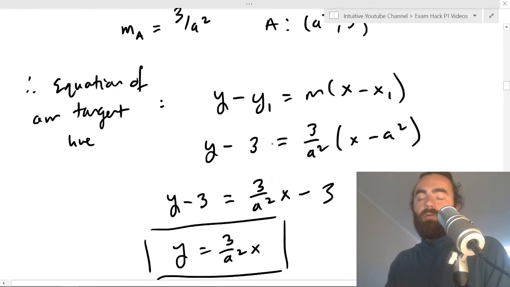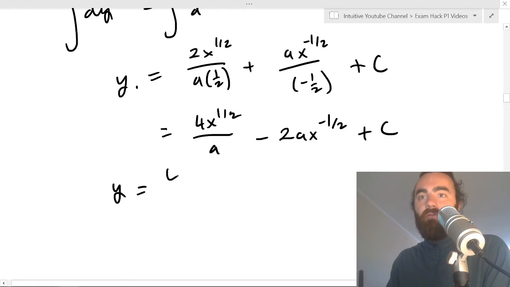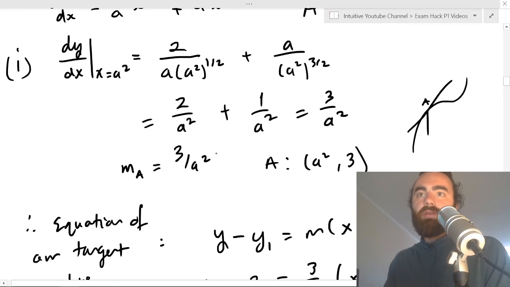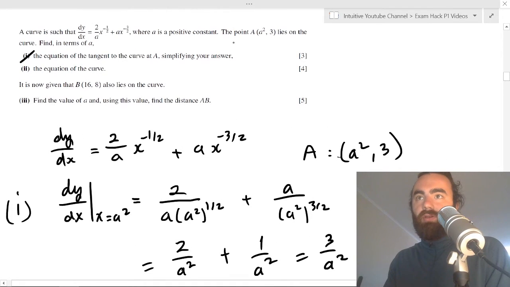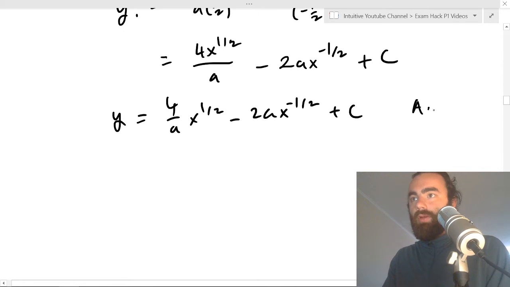Y equals 4 over a x to the half minus 2a x to the negative a half plus c. And now we can find our c because we have a point on this curve. So we substitute in the point (a squared, 3).